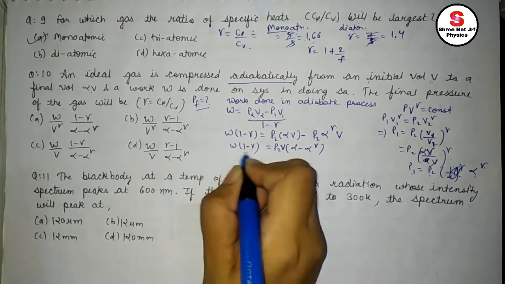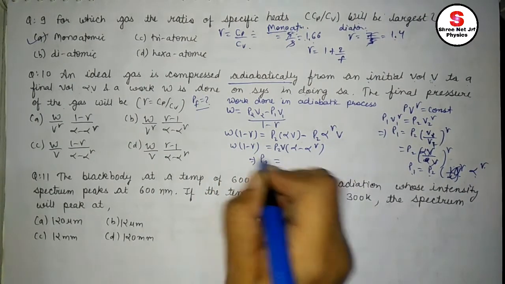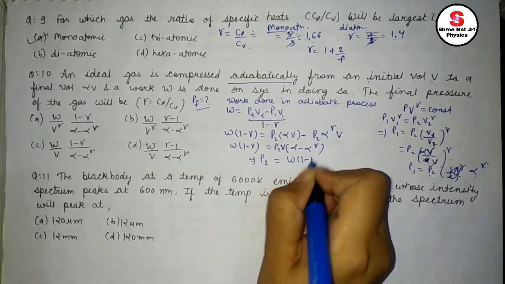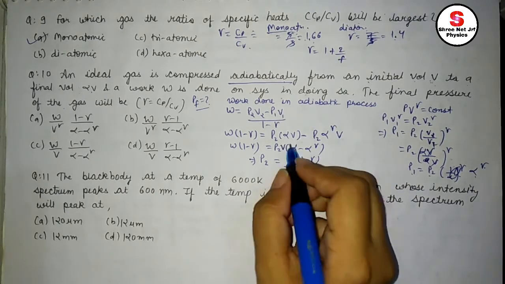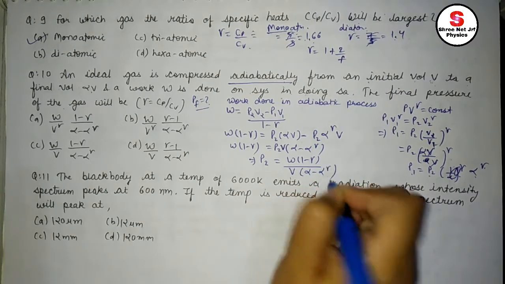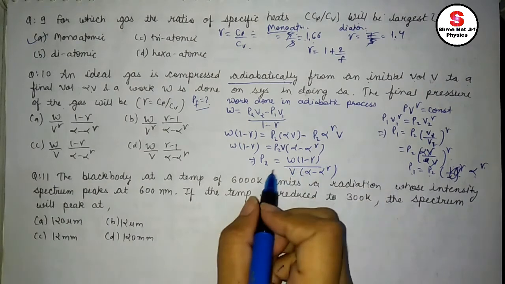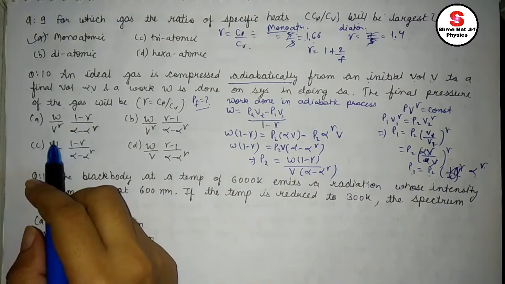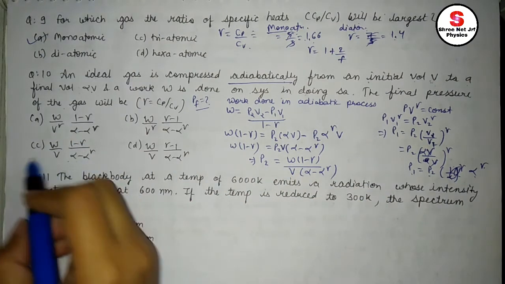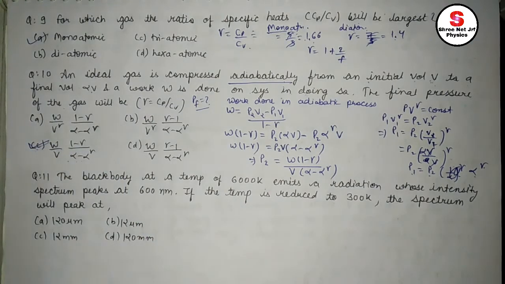Here the LHS is already W times 1 minus gamma. This implies that the final pressure P2 can be written as W times 1 minus gamma divided by V times alpha minus alpha to the power gamma. We can see which option is matching here. W times 1 minus gamma over V, this is our right option. The answer is C.